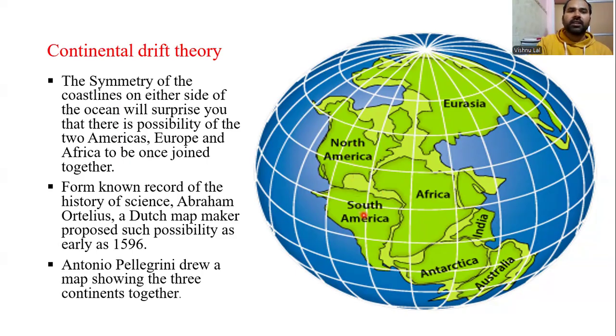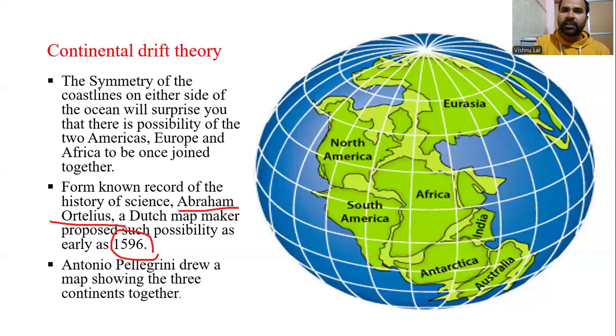joined together. From the recorded history of science, a Dutch map maker, Abraham Ortelius, first proposed such a possibility. That North America, South America, Africa, and Europe, these continents were joined together.